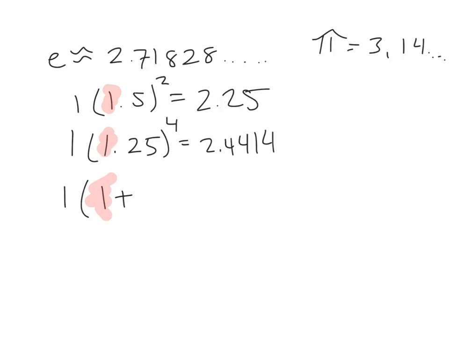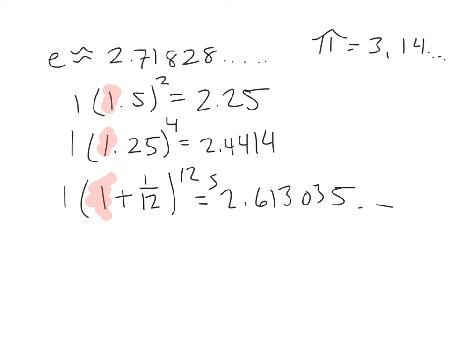So that would mean 12 times a year, but we want to make sure that it's out of a whole, right? So it's 1/12, every month, and we do it across 12 months because there's 12 of them, right? And we would find out that we'd have 2.613035, and it just keeps on going, okay? And that would be the dollar amount.